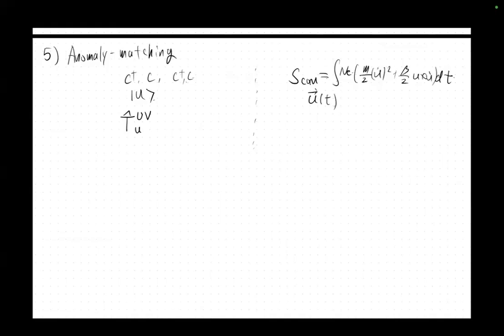And it also has a translation action that you can derive, which I will call IR translation. So the statement of anomaly matching is simply that the algebra of these translations must match each other.